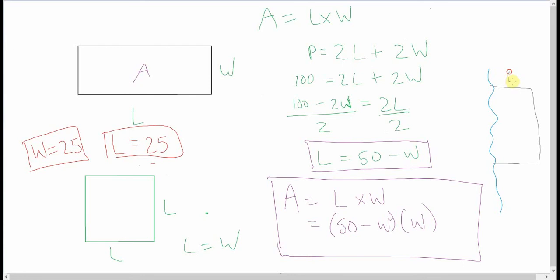In this case the perimeter formula would be different, the whole equation would be different, and we would end up with a completely different result. This idea that you maximize area by using a square is only true when you're working with a rectangular shape and you have all 4 sides, perimeter around all 4 sides.